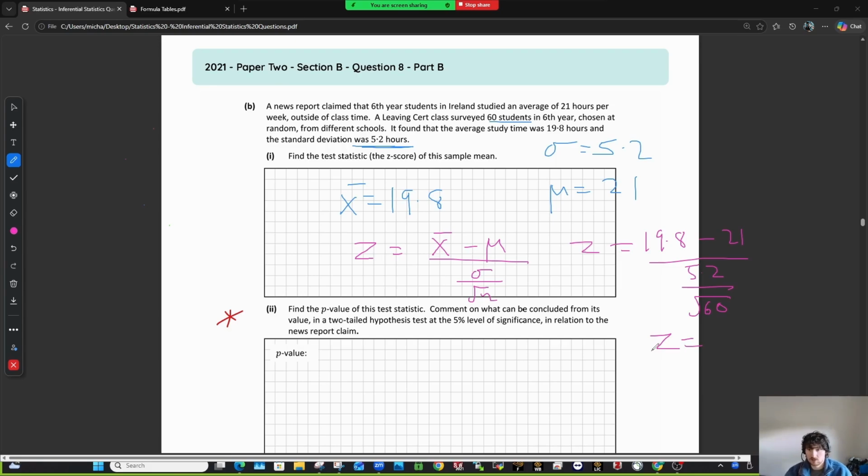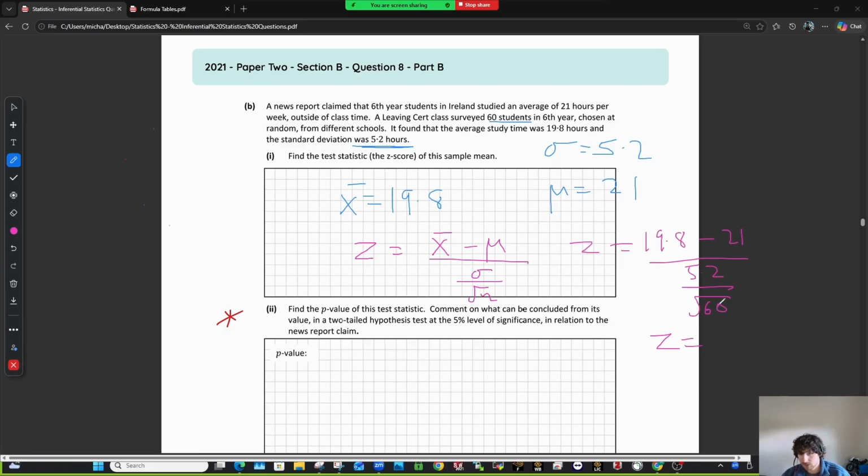So then the z here works out as 19.8 minus 21 over 5.2 root 60. I typed that in there correctly, didn't I? Yeah, 21. So 19.8.